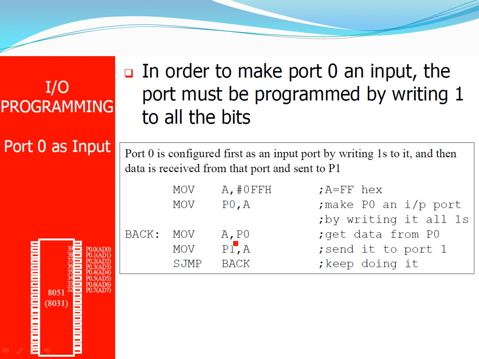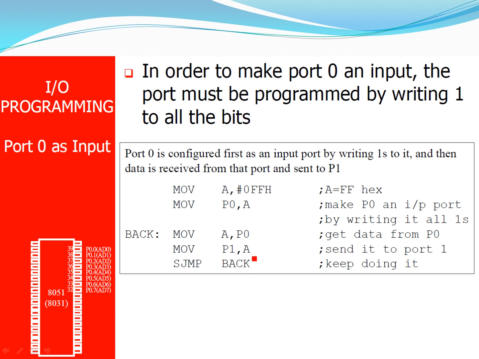Next, MOV A, P0. Now whatever data is available on port 0 will be copied to the accumulator, because port 0 is acting as an input port. So that data is available in the accumulator now. Now we have to send that accumulator data to port 1. Port 1 is acting as an output port, because by default all the ports act as output ports.